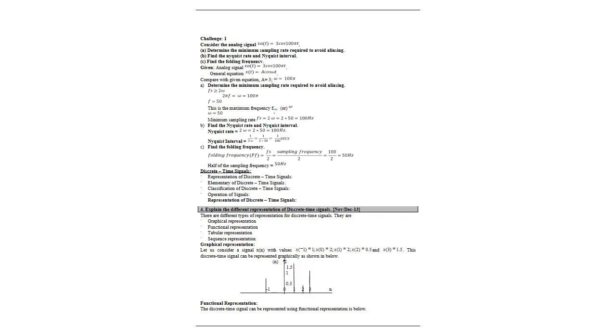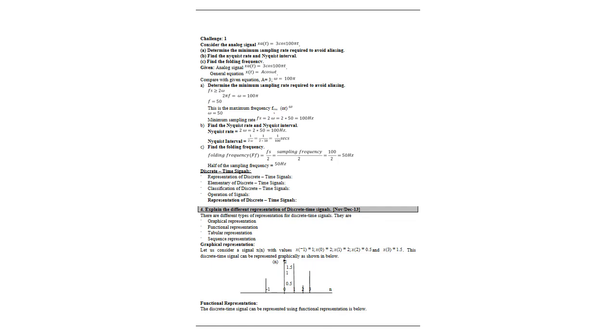First we have to write out the analog signal, that is xa(t) equal to 3 cos 100 pi t. The general equation is x(t) is equal to A cos omega t. So compare these two equations. For A the value is 3 and for omega the value is 100 pi. Okay. First we determine the minimum sampling rate required to avoid aliasing, that is fs is greater than or equal to 2 fmax.